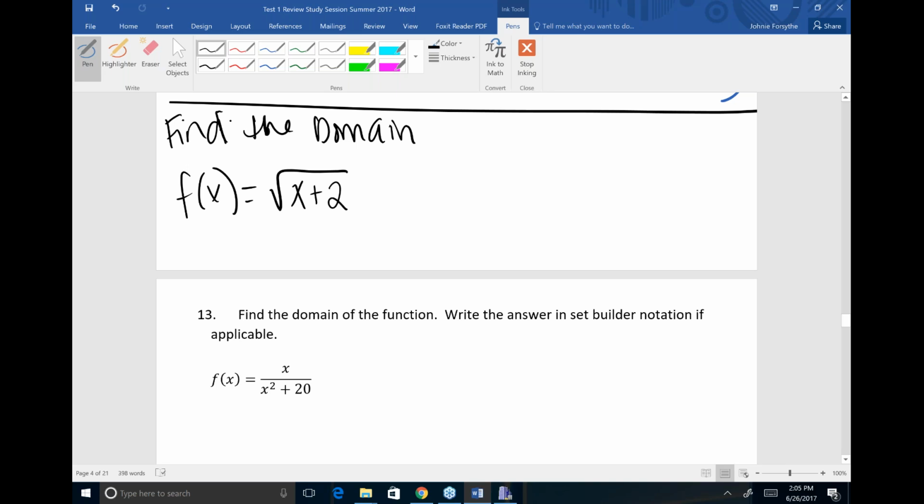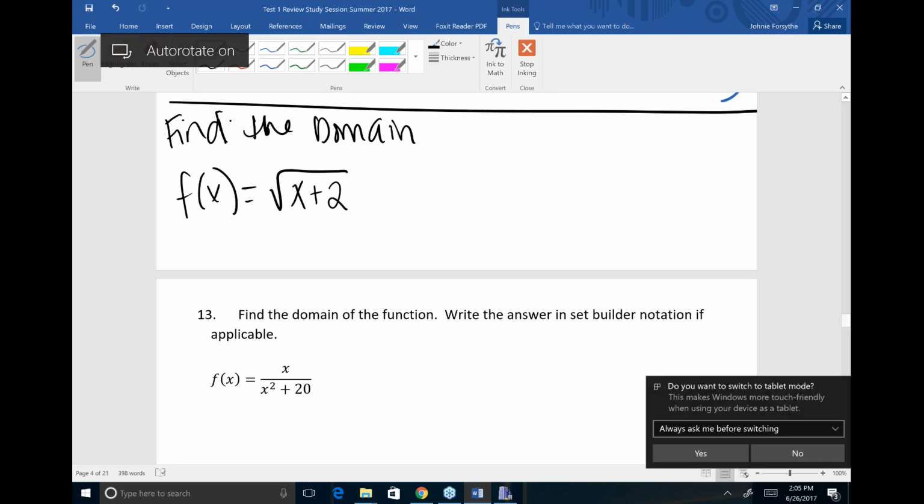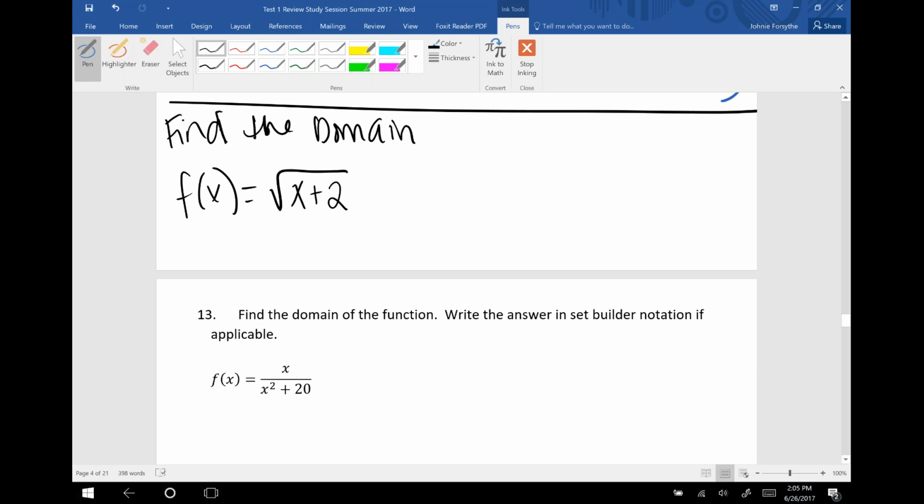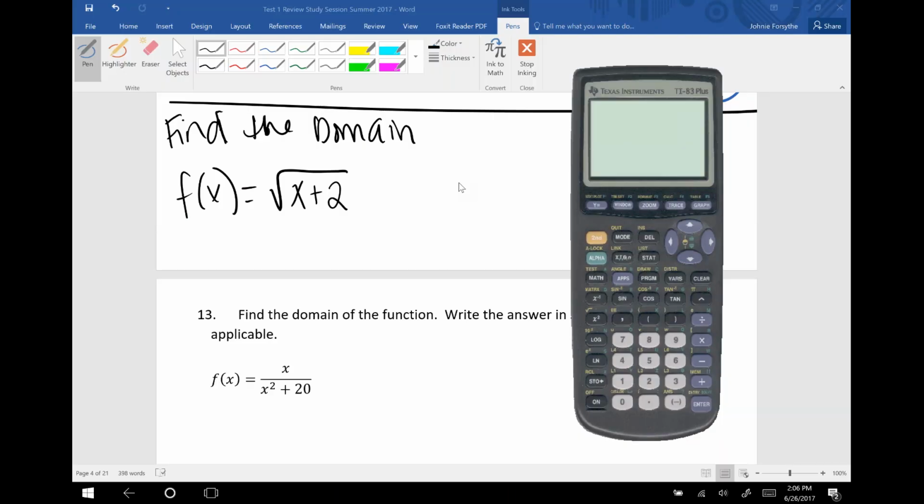All right, let's say this was the question, and it said find the domain of this function. So remember I said you're looking for two different things, square roots and denominators. I've got a square root here. So just to kind of show you, I'm going to pull up that calculator again.